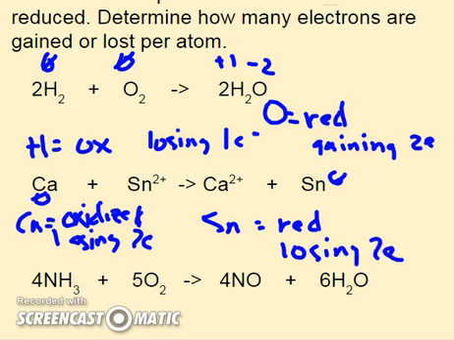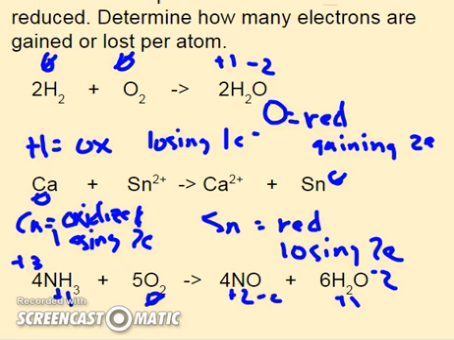And the last one, hydrogen's a +1. It's still a +1 over here, so that's the one that's not involved. But that means nitrogen goes from a +3 here, oxygen is 0, oxygen's a -2 and a -2, whereas nitrogen's a +2.